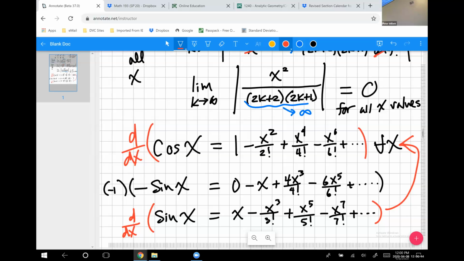You can literally see when these are written as polynomials and you differentiate term by term why the derivative of sine is cosine. We looked at that numerically before. We said we can't really do it any way other than numerically. Well, now we can actually do it term by term when they're written as a polynomial.